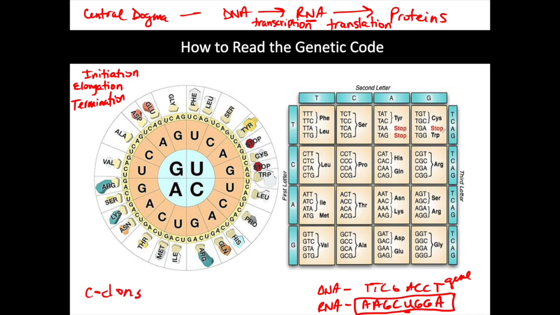Now, this table on the right is kind of part of this diagram, and this is how we used to read the codons. If you notice, this is in DNA language. So if the gene is TTT, then the RNA would be AAA. So this particular table on the right is used to look at codons within the DNA molecule itself, which is very confusing. So I'm going to cross that out over there, and I'm going to have you look at this wheel here.